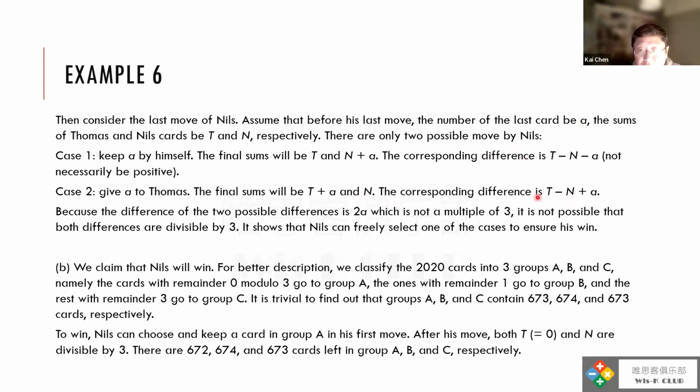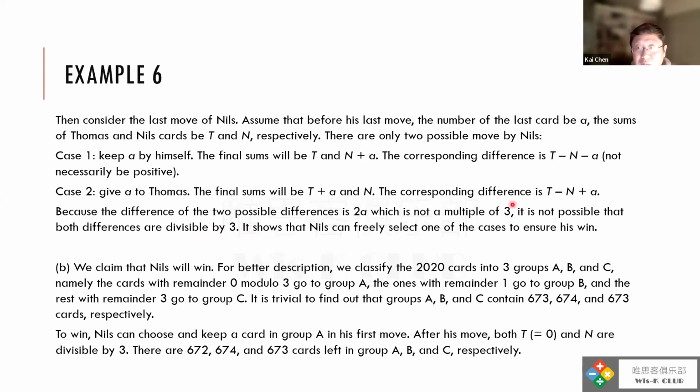The difference of the two differences is the key to this question: it is 2A. A is not a multiple of 3, and 2 is not a multiple of 3, meaning that 2A is not a multiple of 3. So the two differences do not have the same remainder when divided by 3.